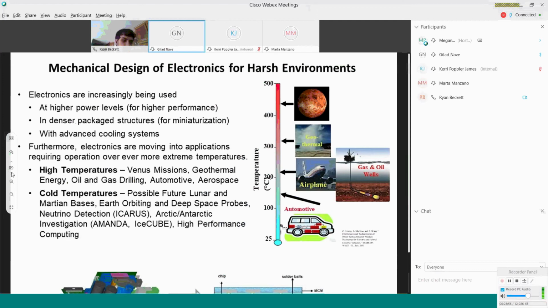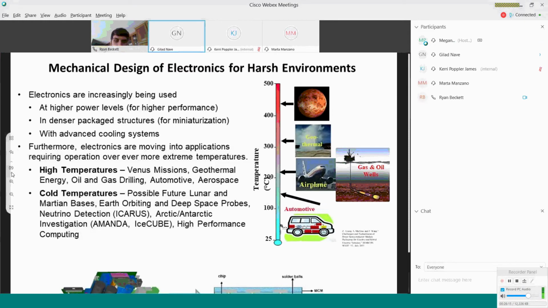And it's not getting any better. If you look at current power electronic systems, we're tending to pack more and more power into a smaller and smaller volume, and that means the power densities, and therefore the heat generated by those electronics, are increasing all the time.